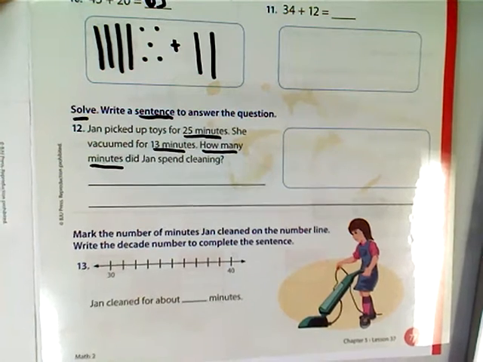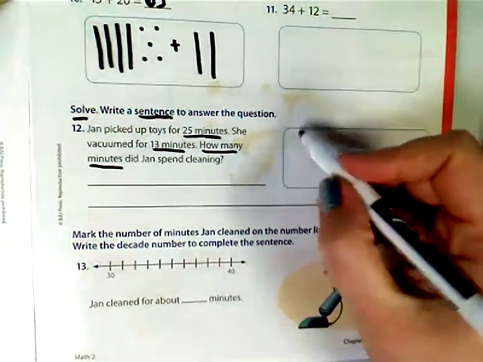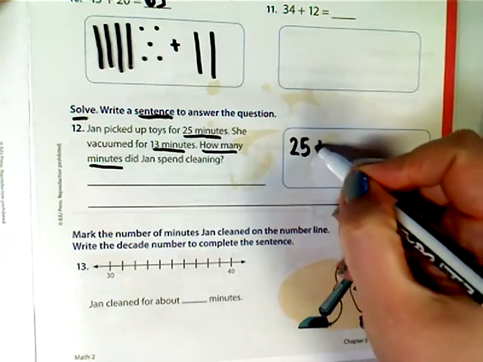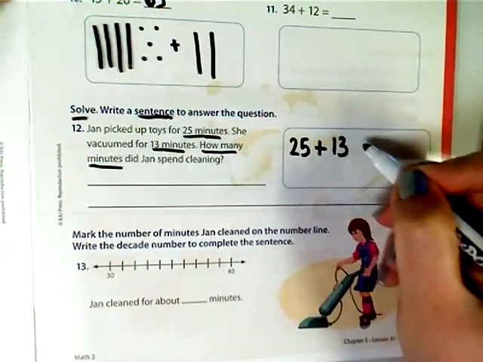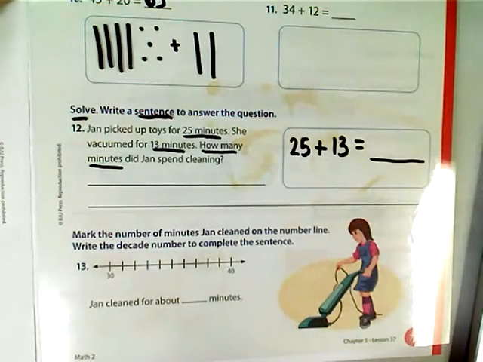So Jacob, what do you think? How would we find how many minutes? Would we add or would we subtract? Good, right? We would add 25 plus 13 minutes. And we want to find out how many minutes that is.